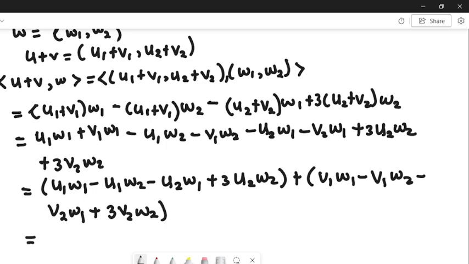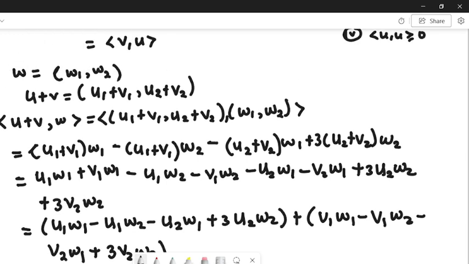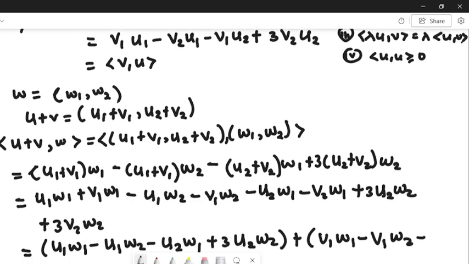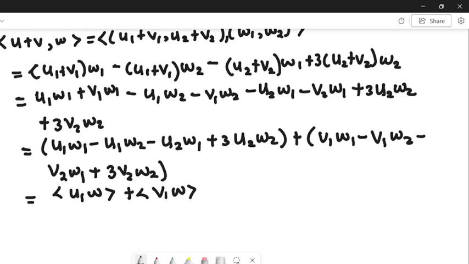So from our definition, this first bracket is <u, w> and this second bracket is <v, w>. So our second axiom here is satisfied. Now we're going to our third axiom, which is pretty obvious.